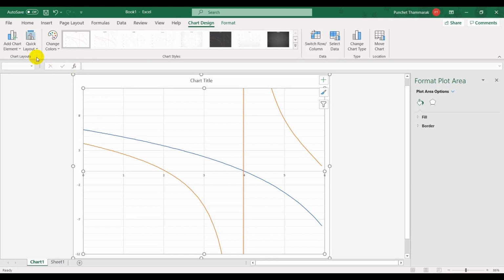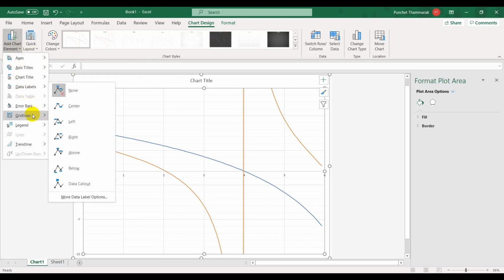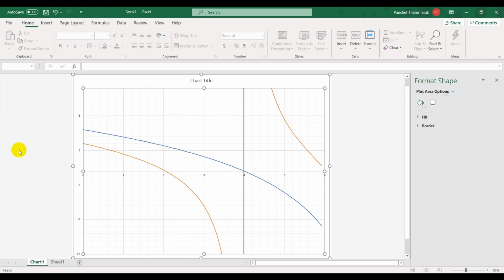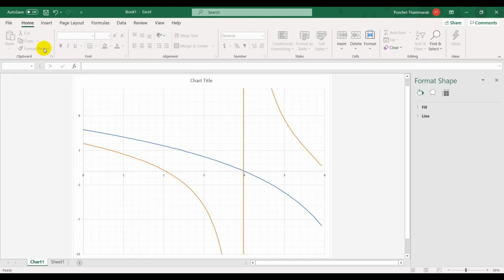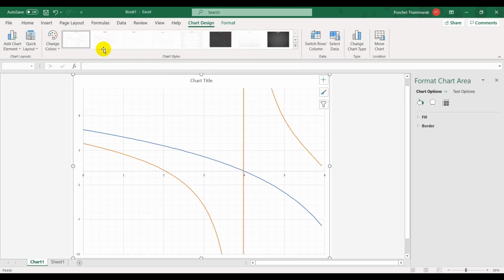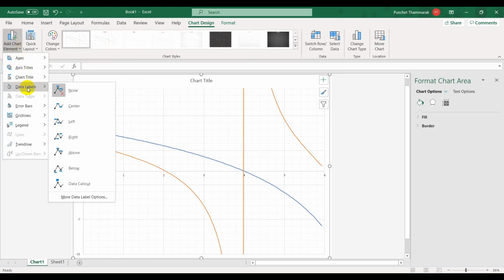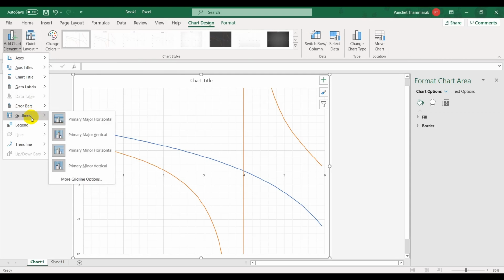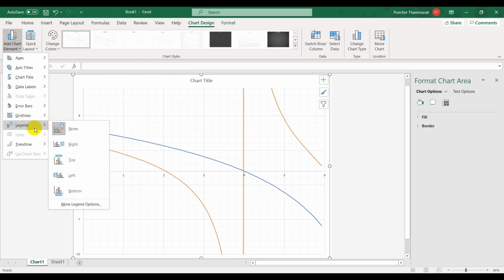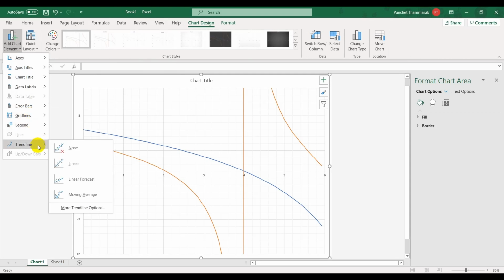Okay, yeah, that's going to help you. Looks better. What else do we need? Axis title we don't need, chart title we don't need, label don't need, error bar, grid line, legend, no. The trend line we don't need now.